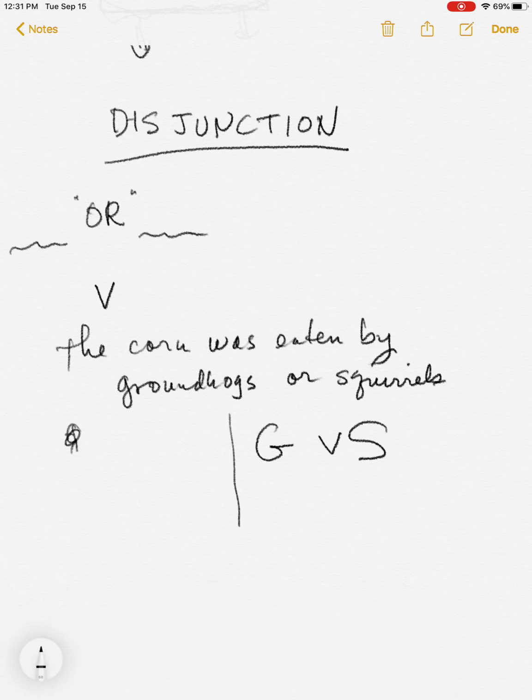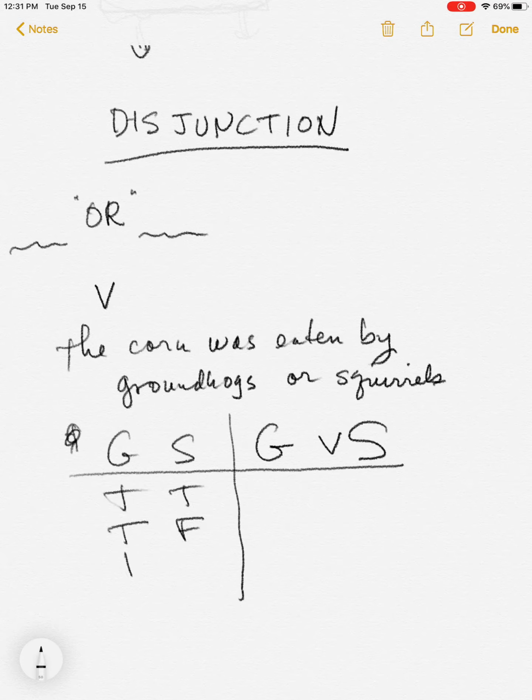So the question is, how does this fare under the various possible situations? Remember we said they could both be true. This could be true, that could be false. This could be false, that could be true. Or they could both be false, right? These are all the possible situations. This exhausts all the possible situations.